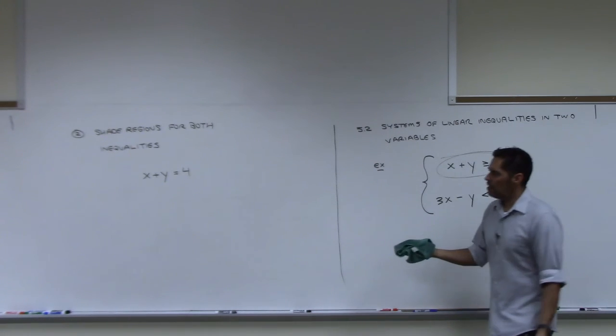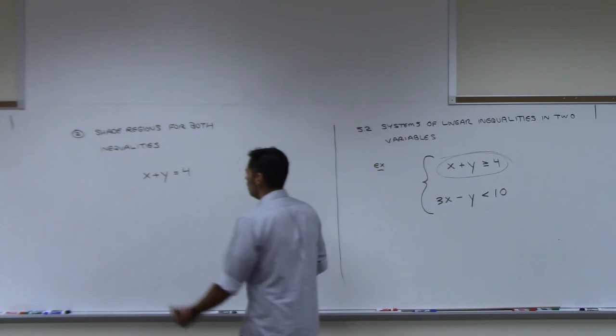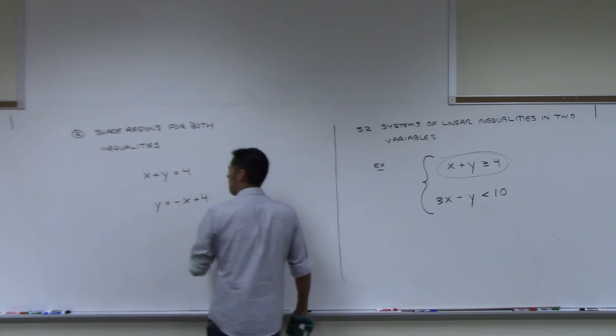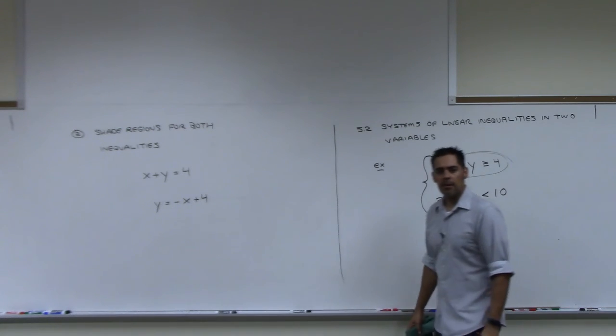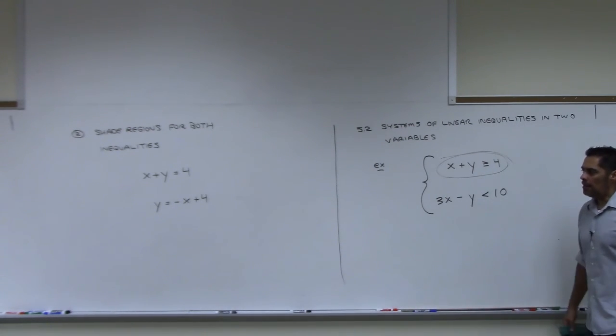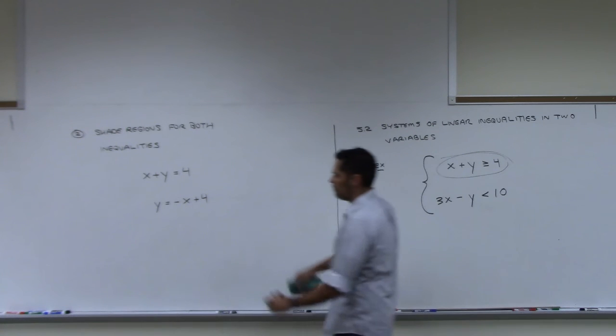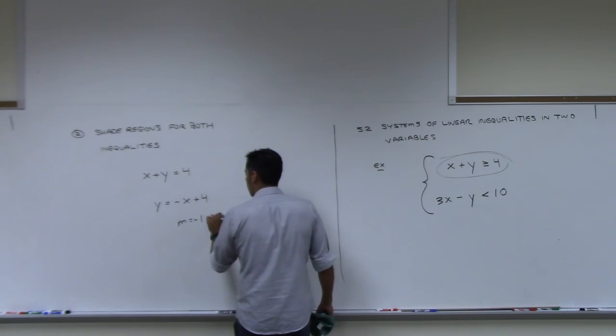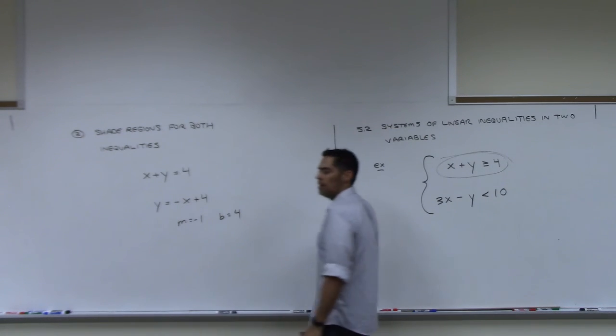Your choice. Why don't I do the slope and intercept on this one? Let's solve for y here. Negative x plus 4? And then what's the slope of this line? The slope m is negative 1, and then the y-intercept is 4, right?